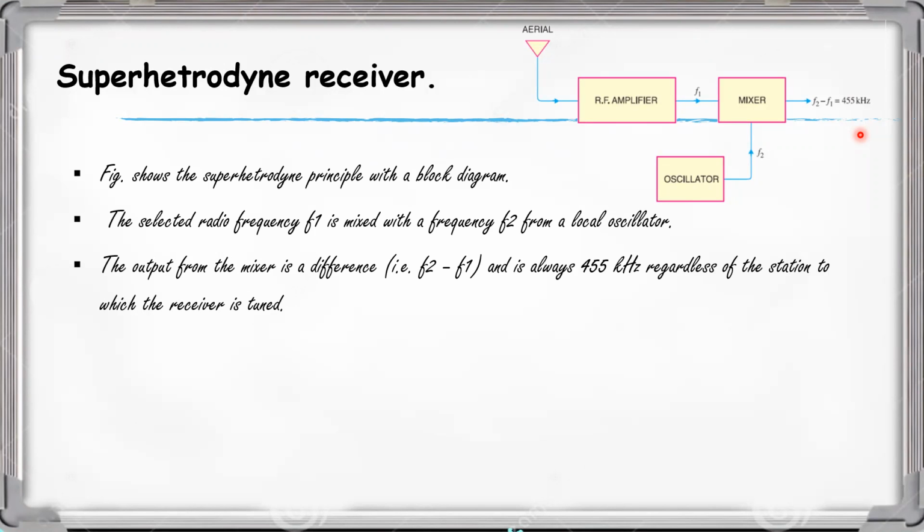So we change only the gang capacitor, and it changes the values of the various capacitors in the different circuits.